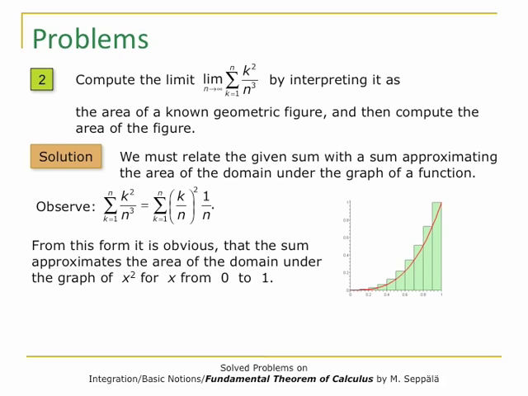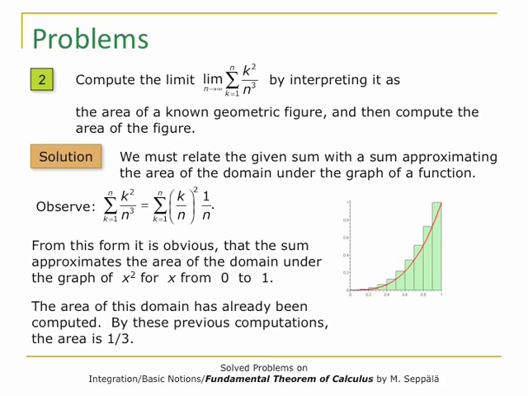This area is the definite integral from 0 to 1 of x squared dx. That is a substitution from 0 to 1 to x cubed over 3, because x cubed over 3 is an antiderivative of x squared. And this substitution yields 1/3.